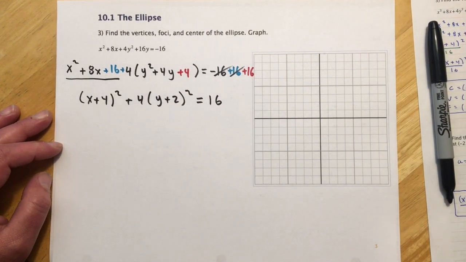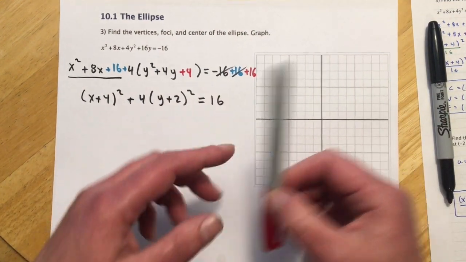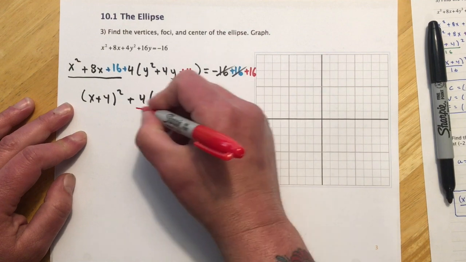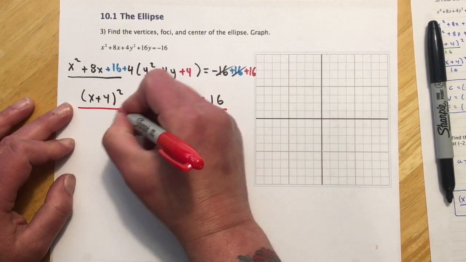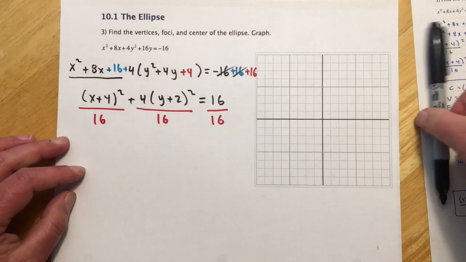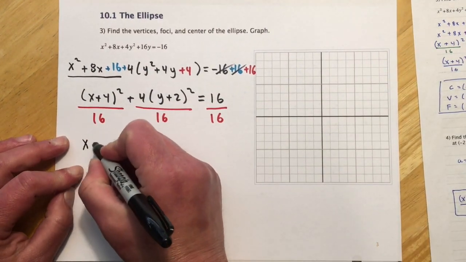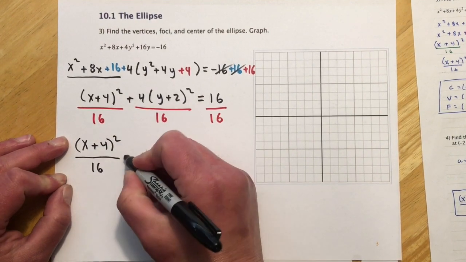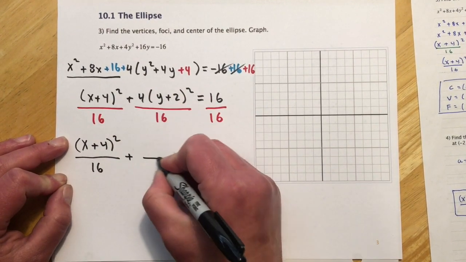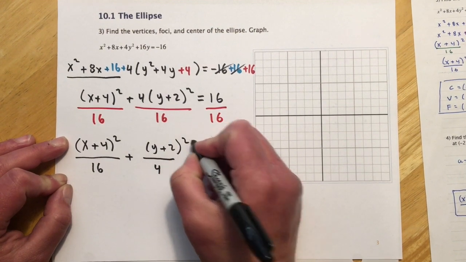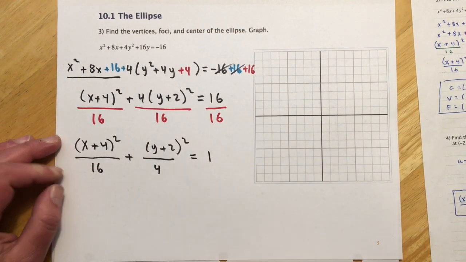So then what I want to do is divide that 16 out, because remember this side has to be 1. And that gets me x plus 4 quantity squared over 16. 4 over 16 is 4, so y plus 2 quantity squared equals 1.